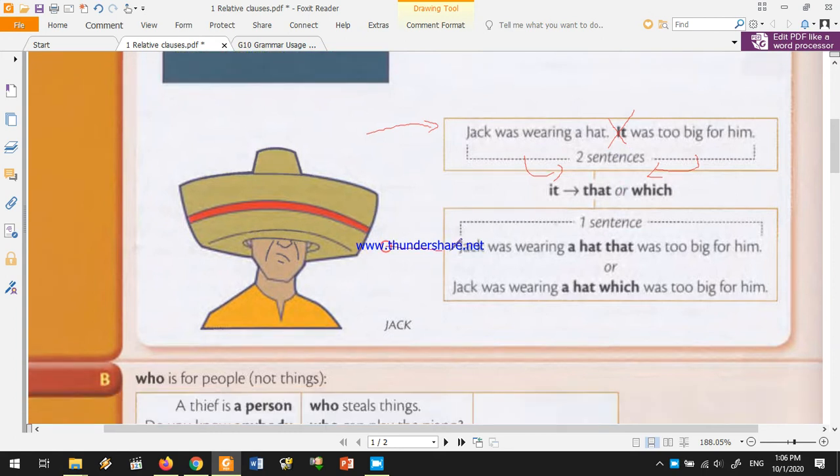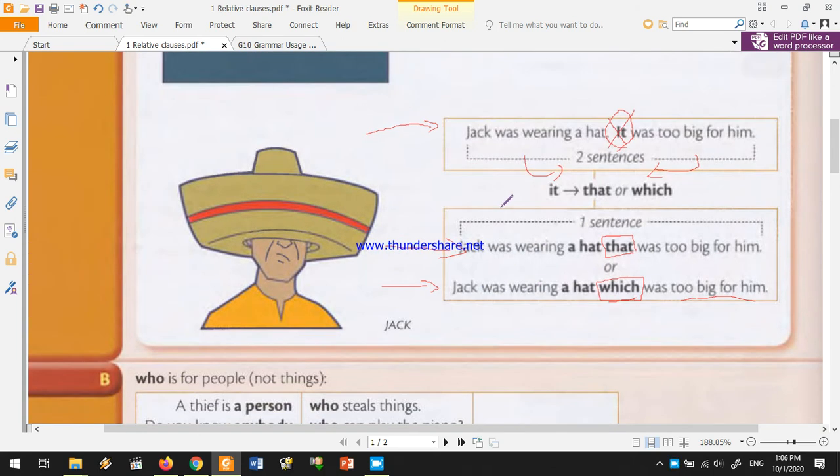For example, Jack was wearing a hat that, this is the relative pronoun, that was too big for him. Or we can say, Jack was wearing a hat which, this is the relative pronoun that we use instead of the original word, which is it. We use that or which instead of it. So the new sentence would be Jack was wearing a hat which was too big for him.